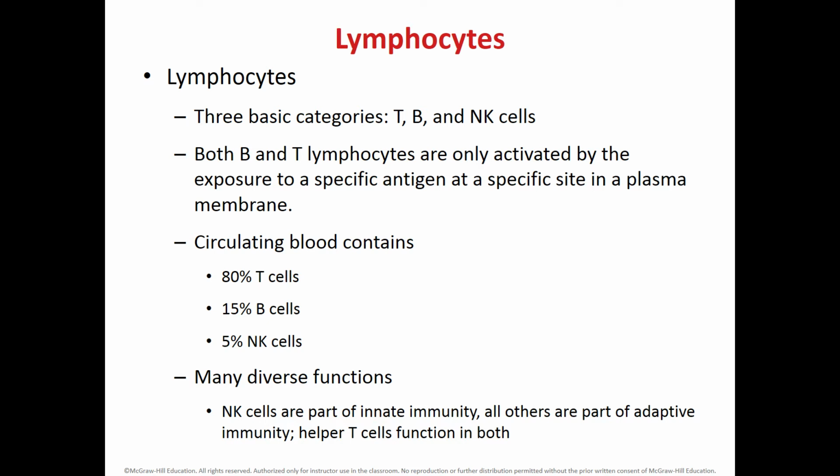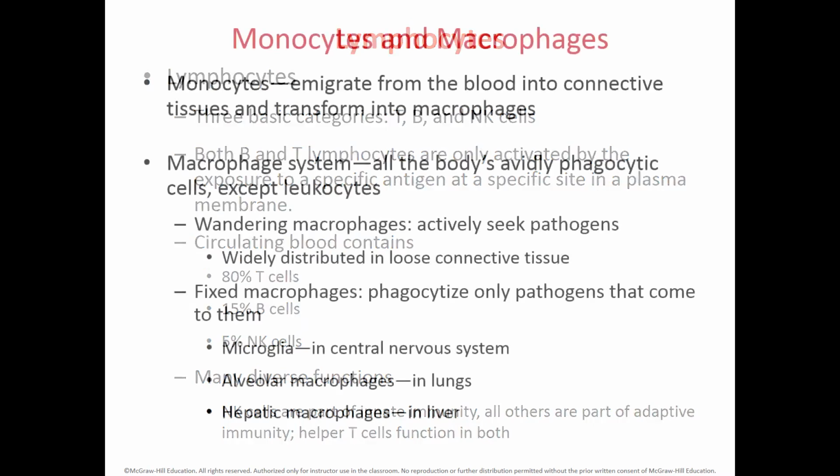And helper T cells will be functioning as well in both of them. Sorry, NK cells are only part of the innate immunity, while T cells can be part of both innate and adaptive, and B lymphocytes and the other cells will be part of adaptive immunity.